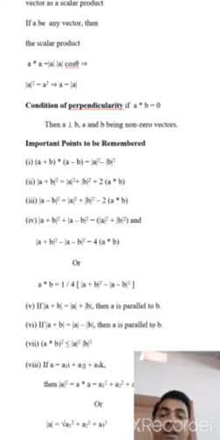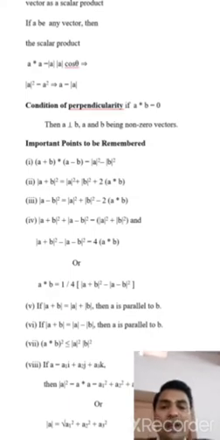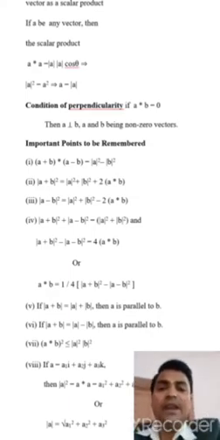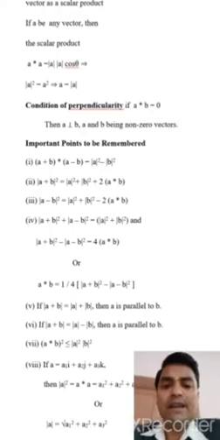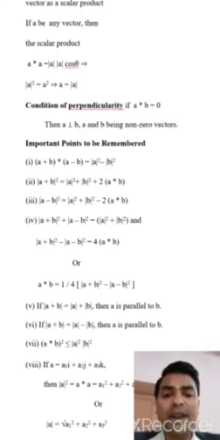Okay, now magnitude of (A minus B) whole squared equals magnitude of A squared plus magnitude of B squared minus 2 A·B.